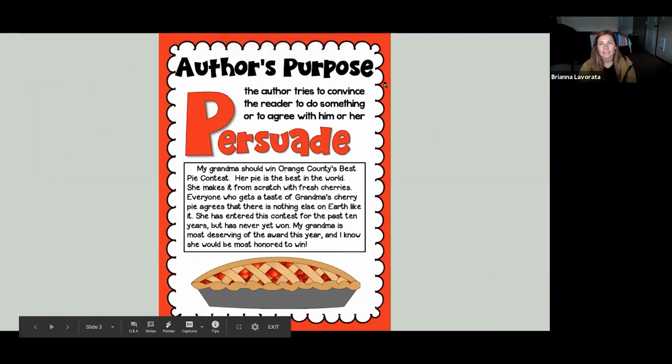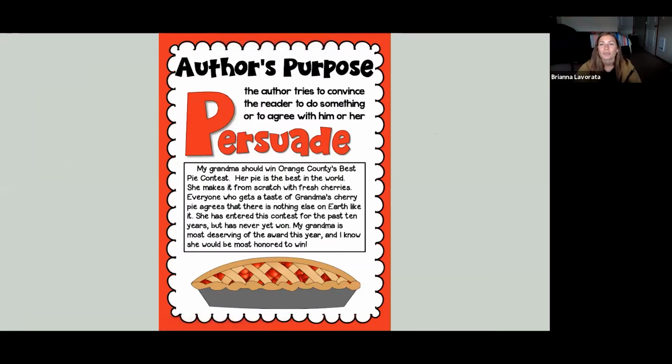So we're going to quickly go through the three different types of author's purposes just because I want to refresh your memory, and it's always a good idea to reread things over and relearn things. So the first thing that we are going to be learning about is author's purpose number one, which is to persuade.